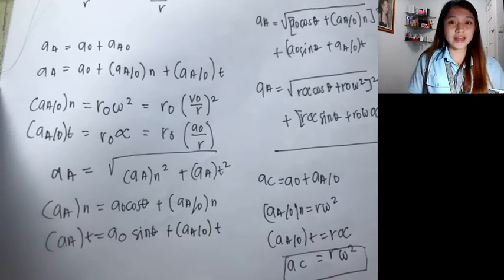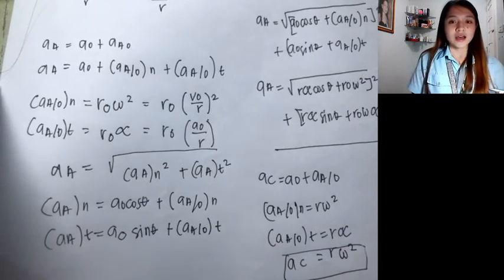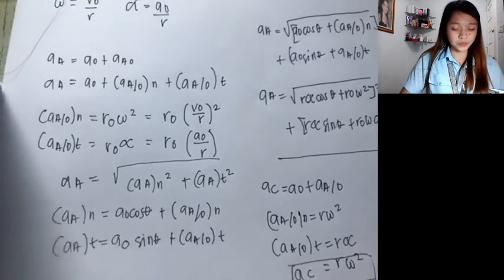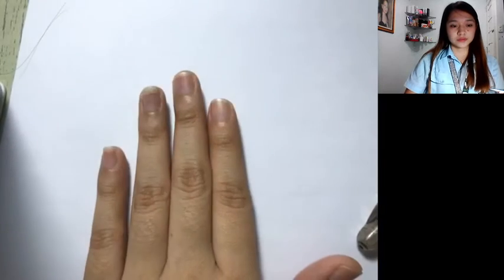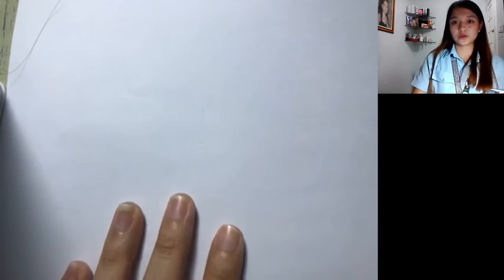So to further elaborate the figure or the wheel, let us now move on. So I'll just get the pen. So now we're going to elaborate the head to tail method, of course.